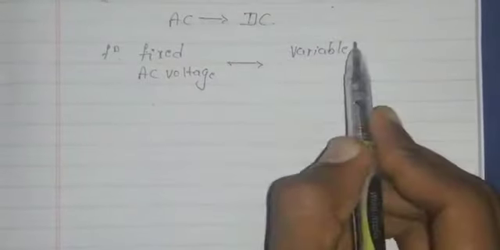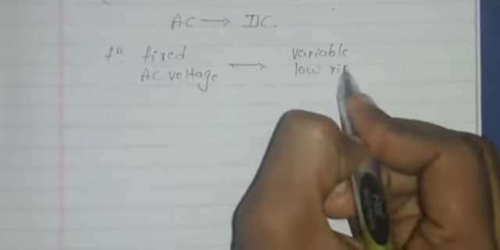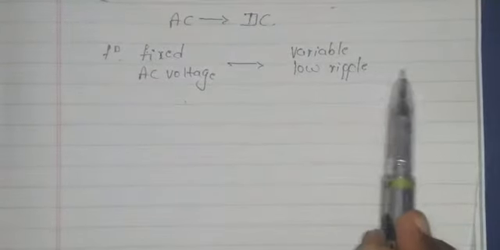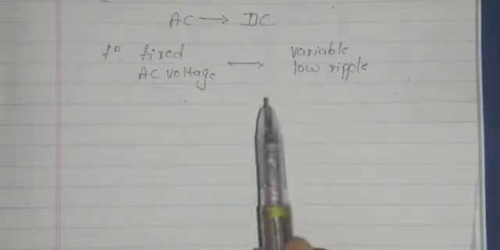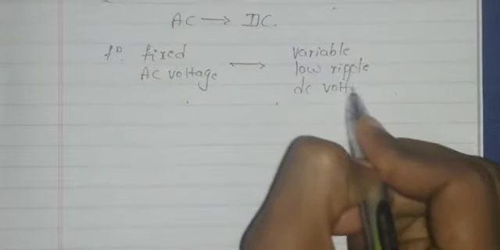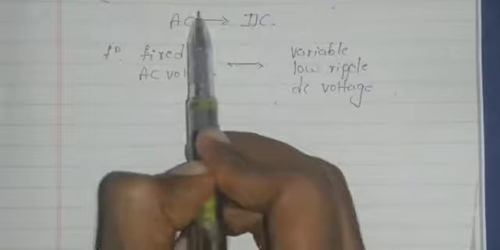It is a variable voltage, low ripple. Ripple means the AC content in the output, it should be less. If ripple factor is less, then efficiency is more. So it should be low ripple DC voltage. This is the main function of the phase controlled rectifier.